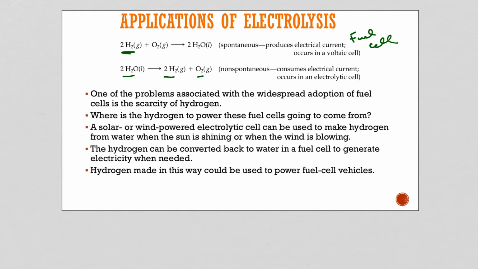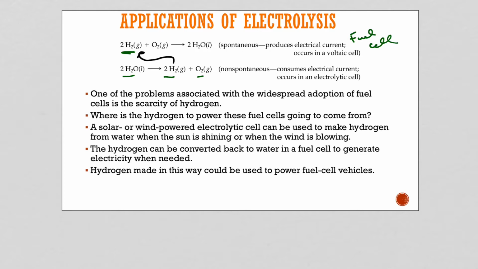Maybe it's solar panels on a car, or maybe it's other batteries, right? Some source of electric current that can drive the electrolysis and create hydrogen that can then be used by the fuel cell.